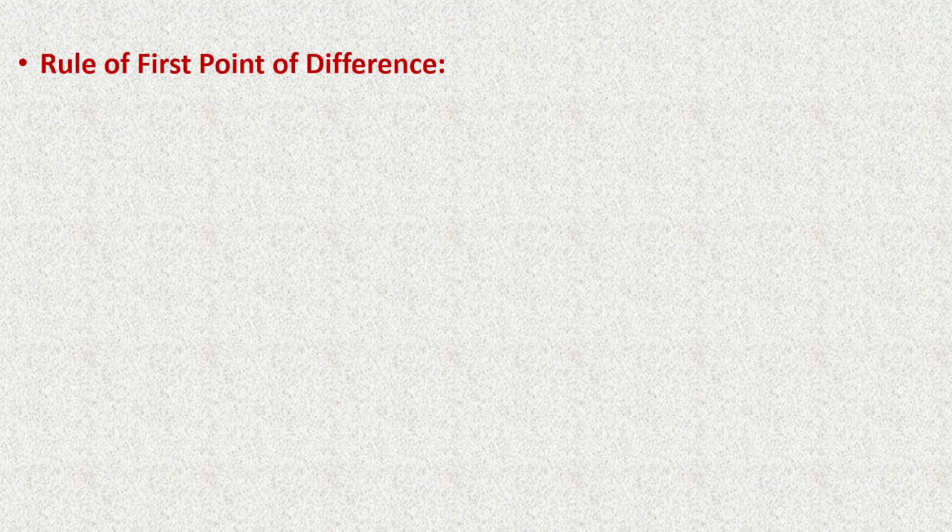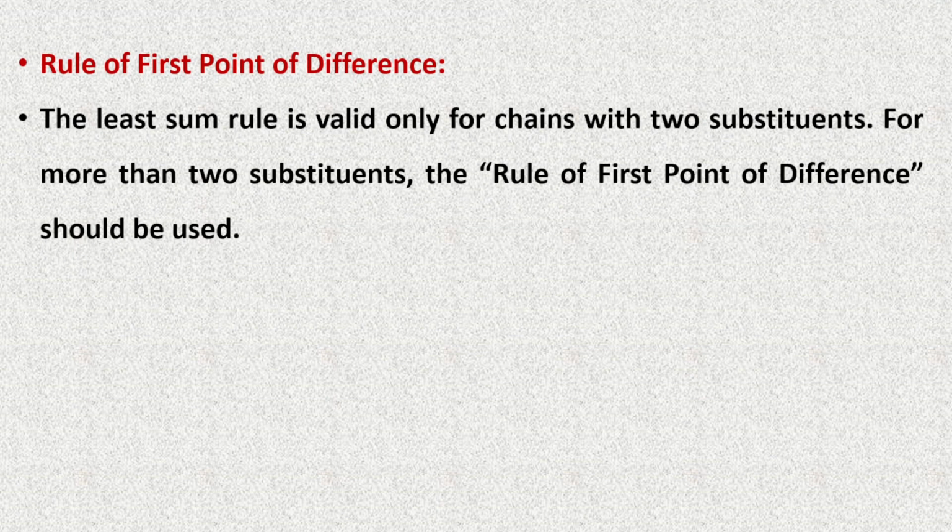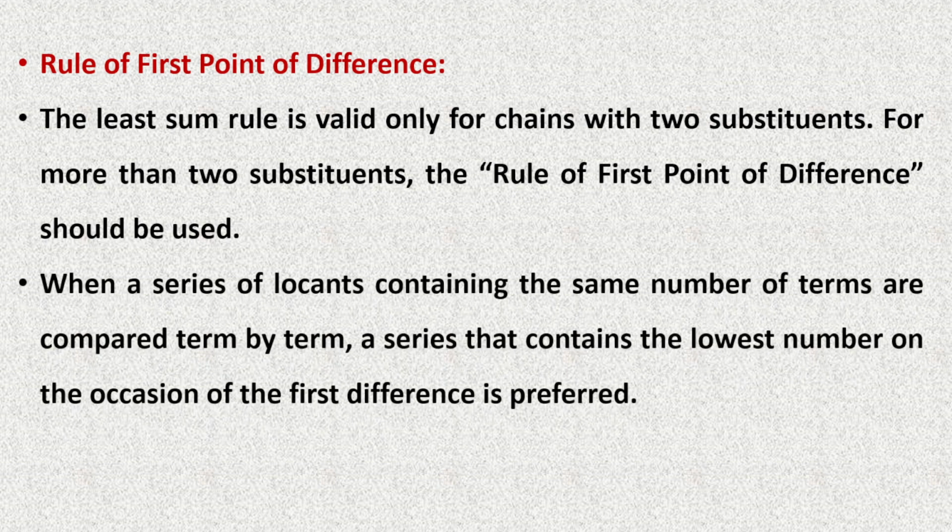Rule of first point of difference. The least sum rule is valid only for chains with 2 substituents. For more than 2 substituents, the rule of first point of difference must be used. When a series of locants containing the same number of terms is compared term by term, the series that contains the lowest number on the occasion of first difference is preferred.